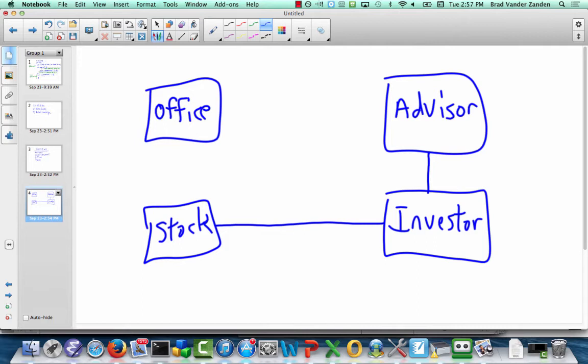So we find out an office is managed by one of its advisors in B. Does that suggest we have any kind of relationship? Yes, so we have a manages relationship.